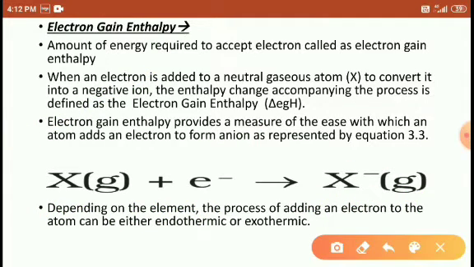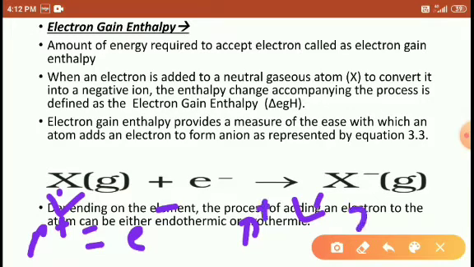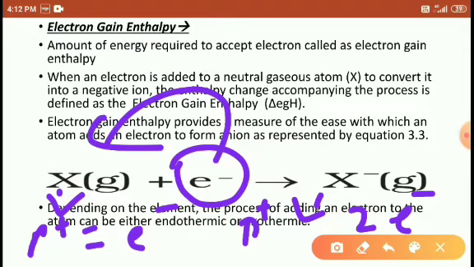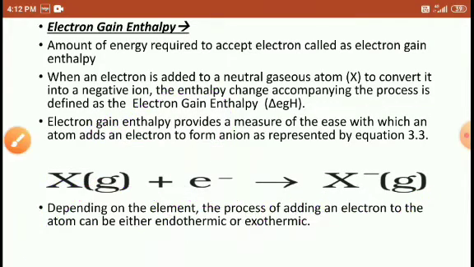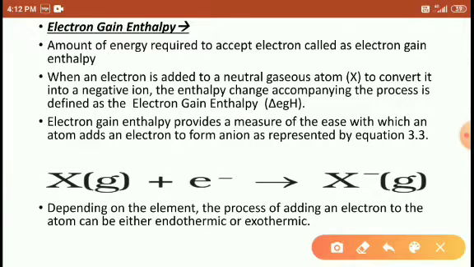Why does it turn into a negative ion? Because in the neutral atom the number of protons equals the number of electrons, here one proton and one electron. But in this case the proton is 1 but the electrons are 2, because we are adding one more extra electron. So it is a neutral species, and this is a non-neutral species, right, students? This is what we call the electron gain enthalpy, during which the enthalpy changes.